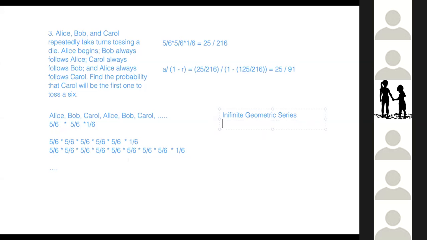So you've probably seen an arithmetic series over a geometric series. Arithmetic series increase by the same amount. If I say 1, 2, 3, 4, and so on, these are increasing by 1 each time, or 2, 4, 6, 8, or 1, 5, 9, 13, and so on. These are arithmetic series.